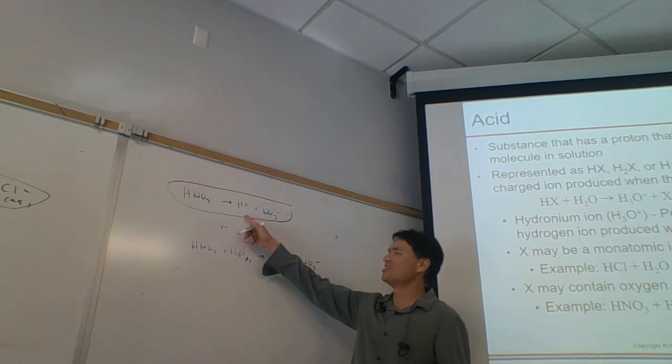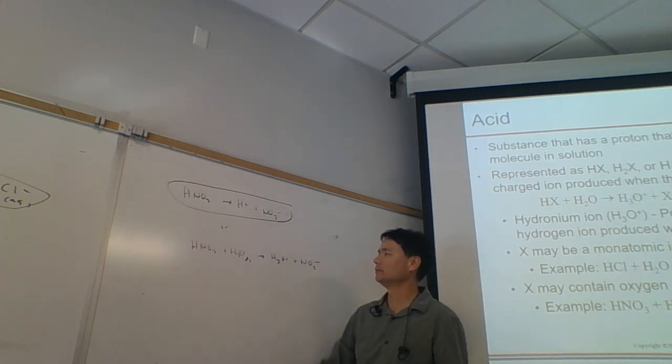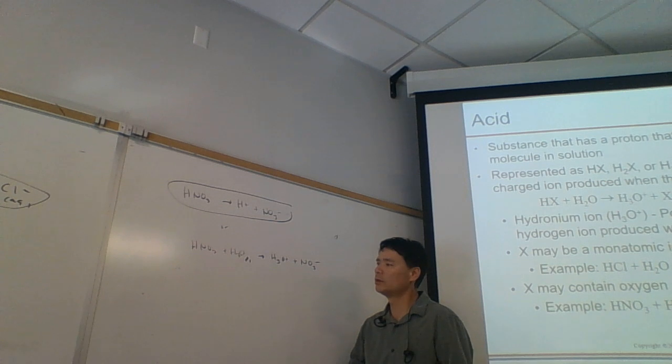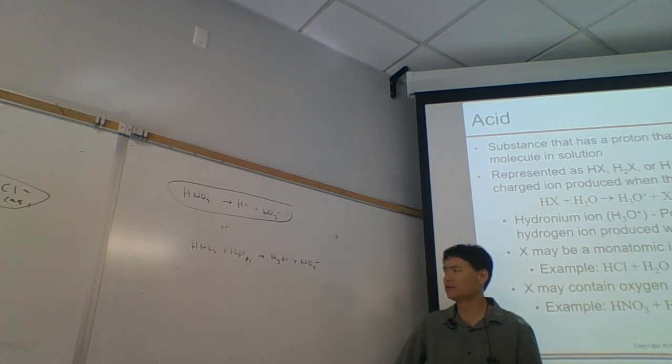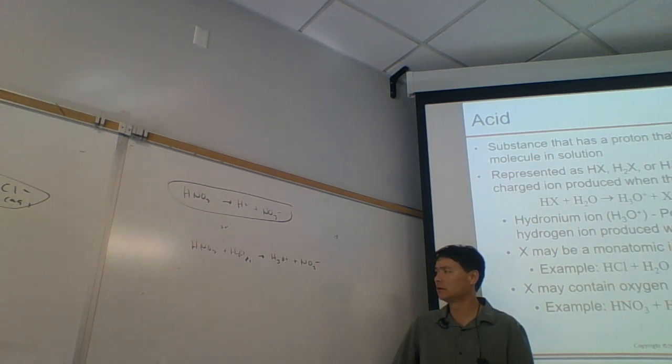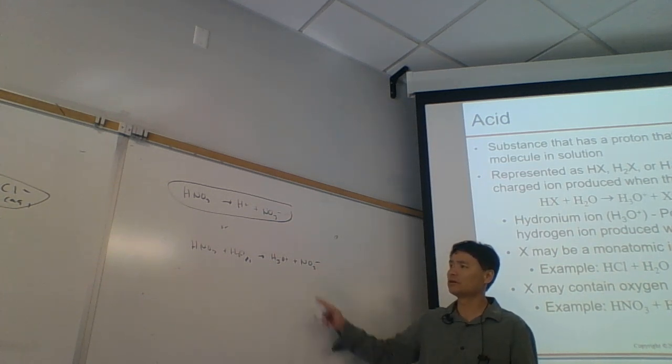Most of the time I'm going to use this because it's just less writing, with the knowledge that H plus is too unstable to exist. So we need to do something else later. Sometimes I'll write it like this, the hydrolysis.